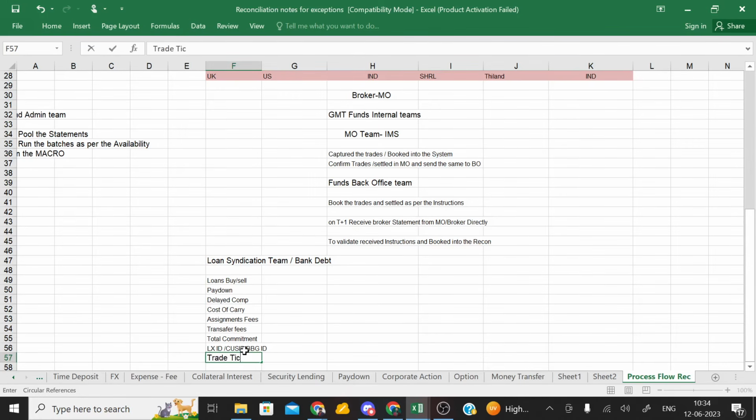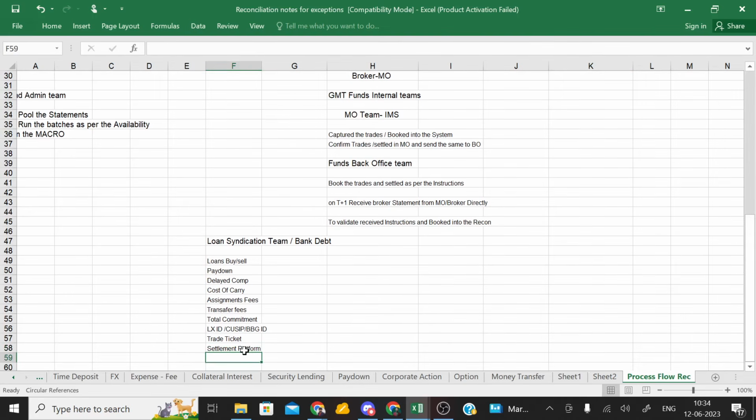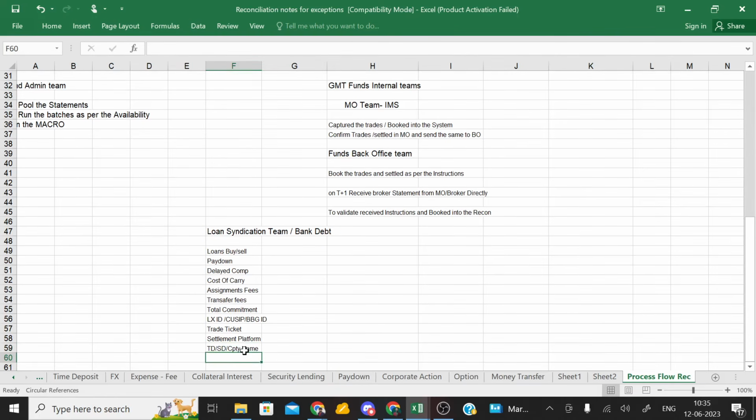Trade ticket, settlement platform. Of course, key information would be trade date, settlement date, counterparty name, then trade allocation method, like pro rata, LIFO and FIFO.